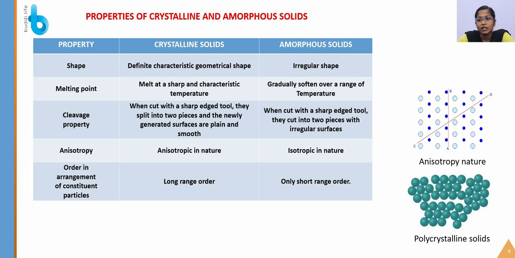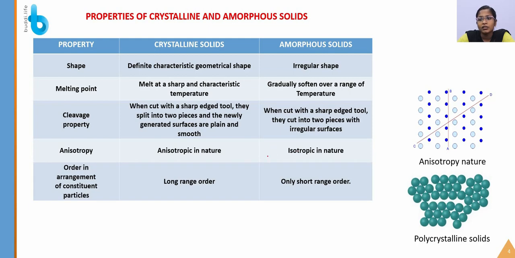Next is the cleavage property. When you cut a crystalline solid with a sharp edge tool, it splits into two pieces and the newly generated surfaces are plain and smooth. Whereas in amorphous solids, when you cut with a sharp edge tool, they cut into two pieces with irregular surfaces.